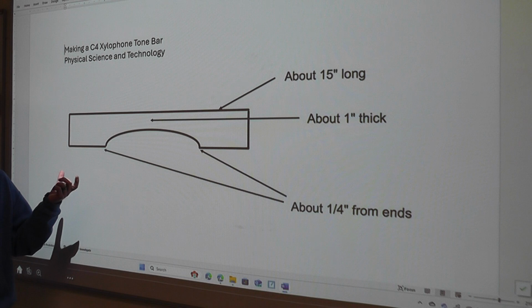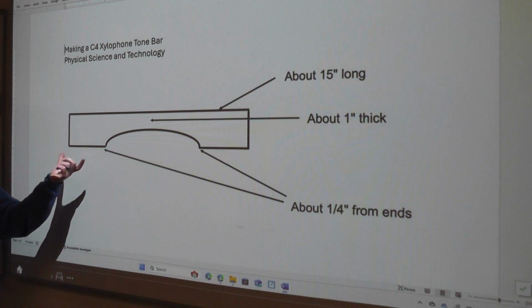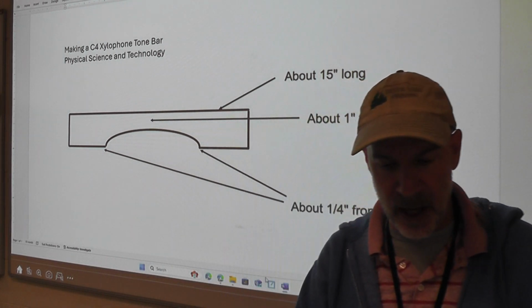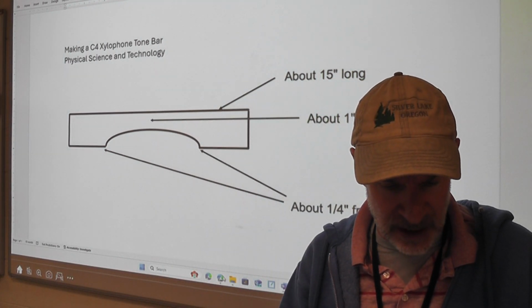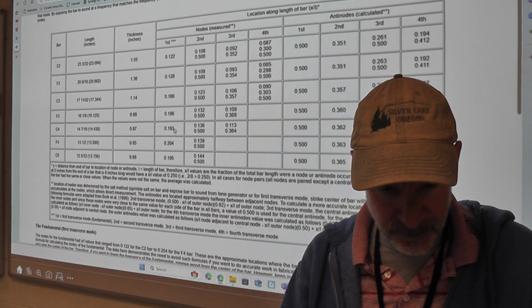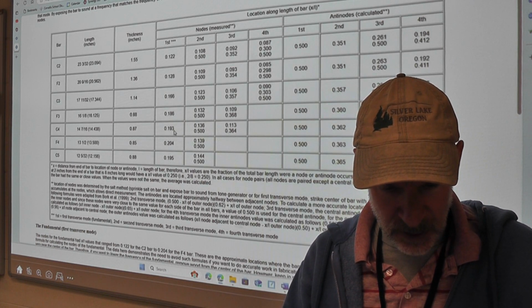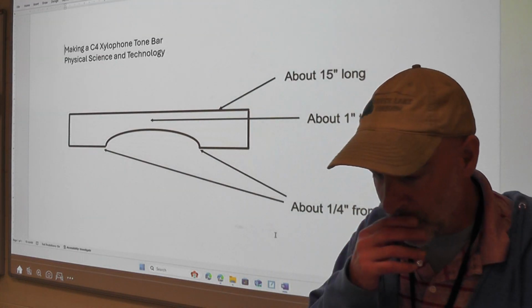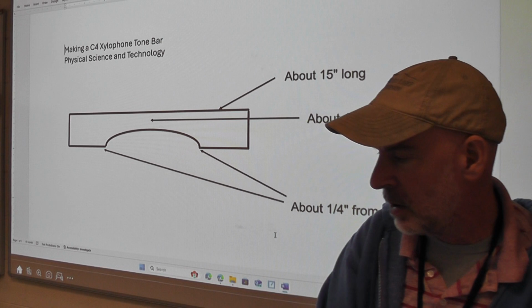And so what it looked like was about a 1/4 inch from each end is where that arch would start. And let me double check that. Yeah, not a 1/4 inch. Sorry, a 1/4 of the way is what we want.